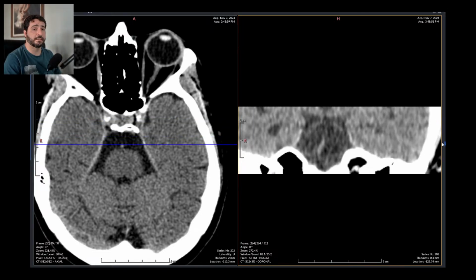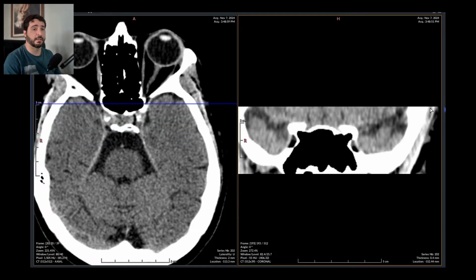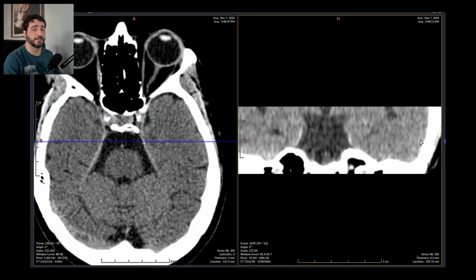a pituitary gland CT scan, you are wrong. You shouldn't be doing this.